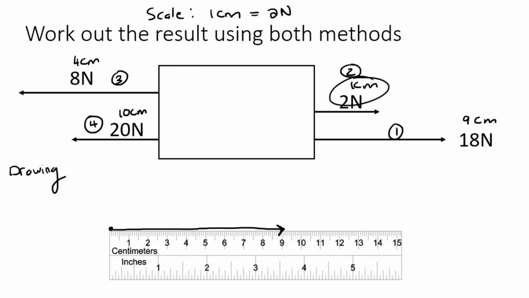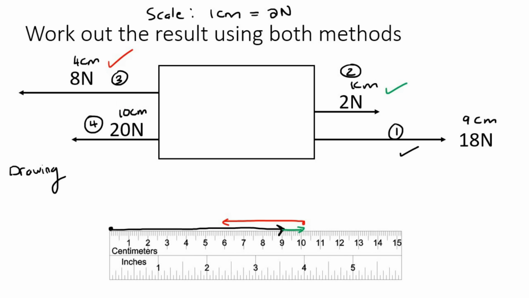Then I'm going to do this one next. This one's 1 centimeter, also going to the right-hand side, so just 1 centimeter, like that. Then I'm going to do this one, which is 4 centimeters, but now it's going to the left. So I go to the ending position, which was over here, and then I go 4 to the left, up to there. And then for my last vector, I need to go 10 centimeters to the left, but now you'll see that I don't have enough space.